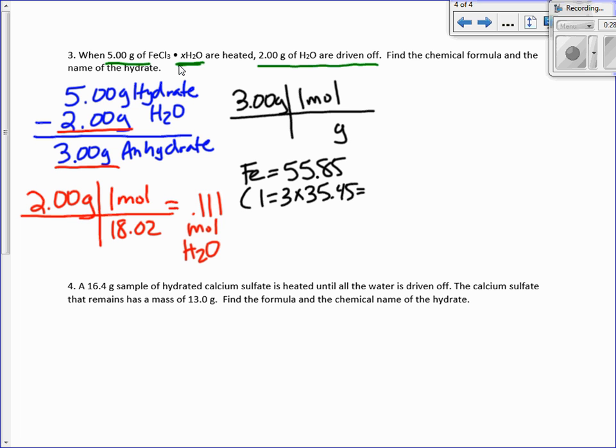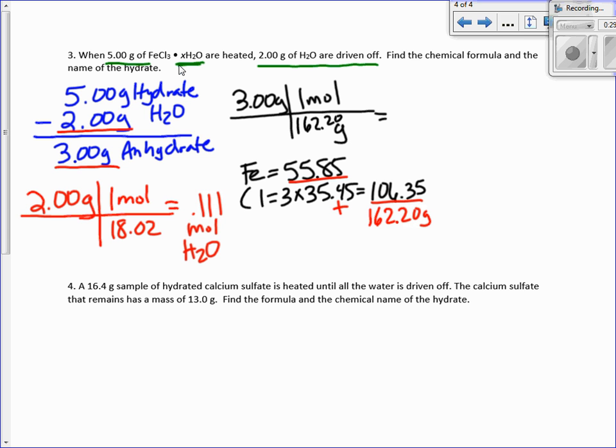What's that value? This ends up being 106.35. We add these 2 together, the 55.85 and the 106, add those together, and we get our molar mass. And that would be 162.20 grams. So now I can put that value up here, 162.20 grams.